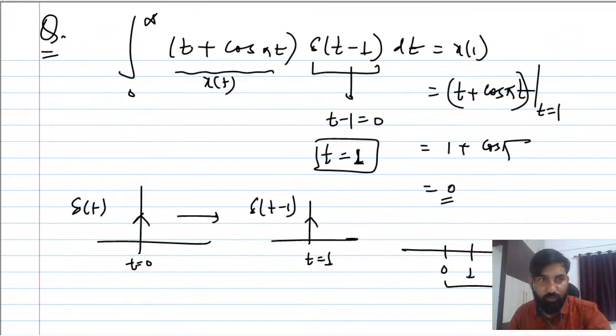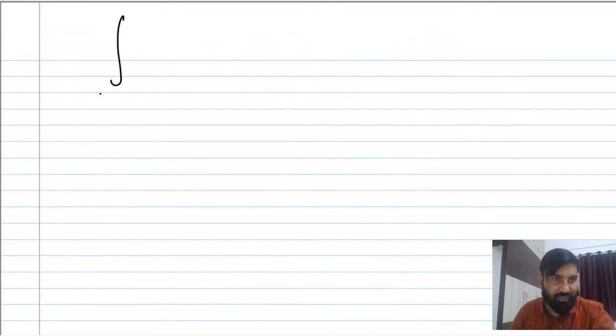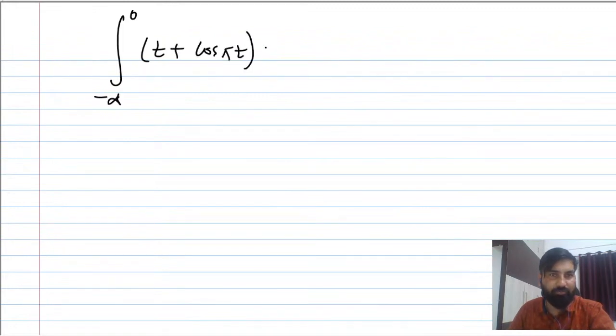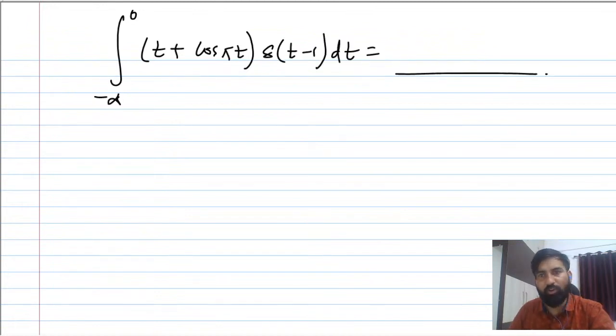See, I can change this question. If I am writing this as, what is the value of minus infinity to 0 of t plus cos pi t, sorry, here delta t you have to multiply first, so delta t minus 1 dt. What is the value of this integral?